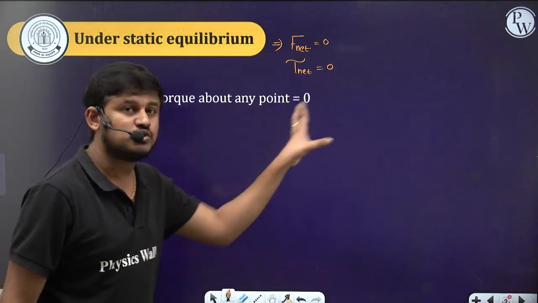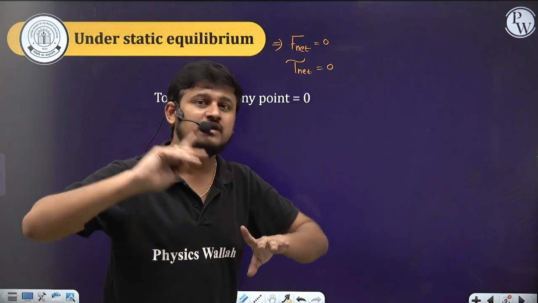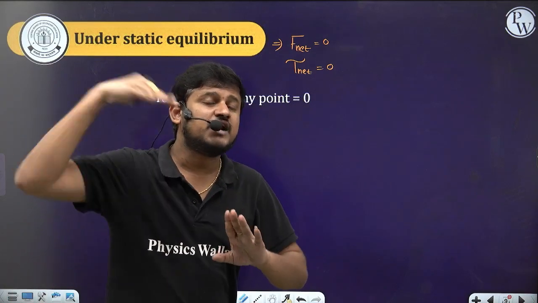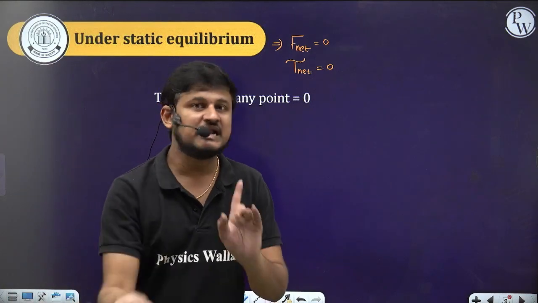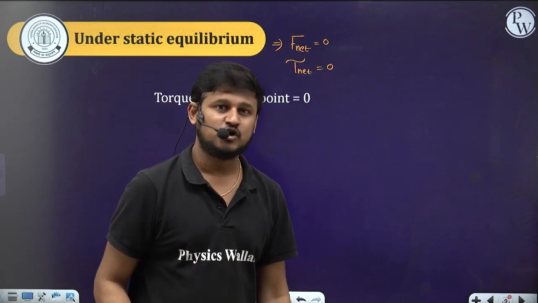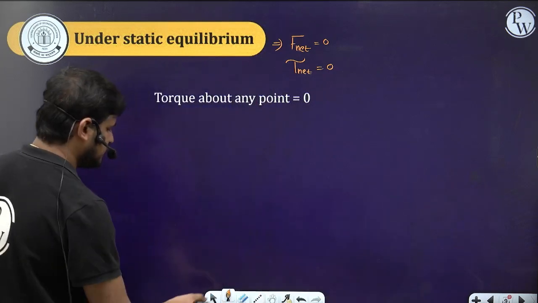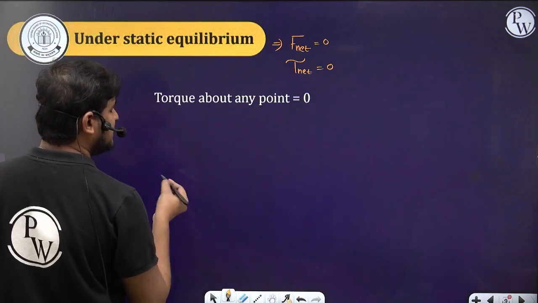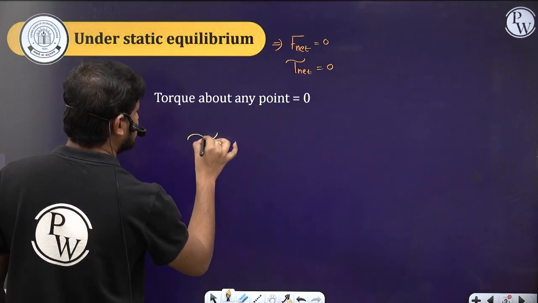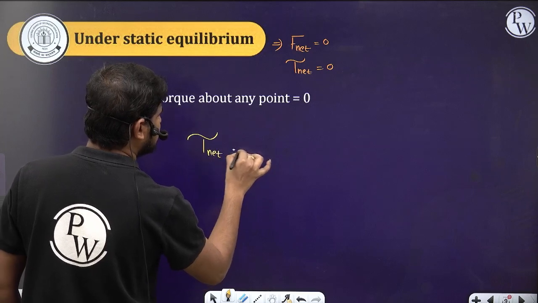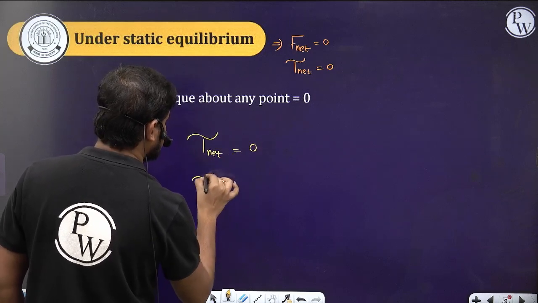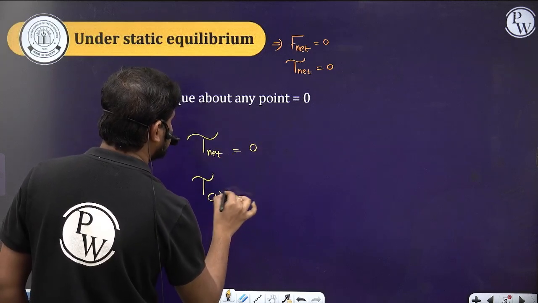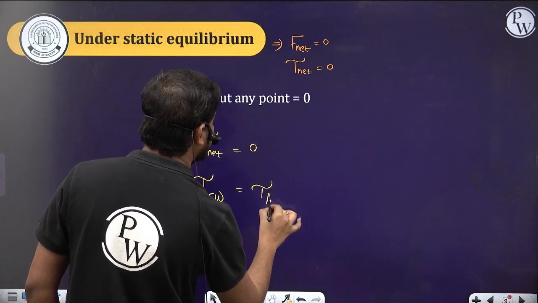In different questions I will take the torque about different points as equal to 0 and I will get the answer. You can observe that, guys. So the torque about any point is 0, which means the net torque should be equal to 0. Which is nothing but the torque about clockwise must be equal to the torque about anti-clockwise.